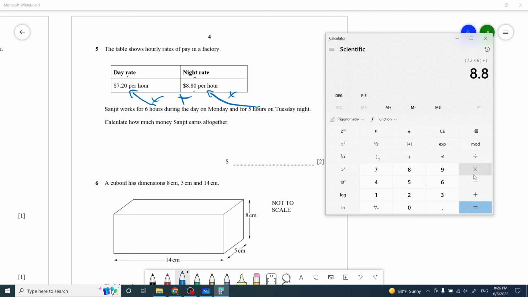I'm just going to put 8.8 times 5 and bracket. That should give us our answer of 87.2.